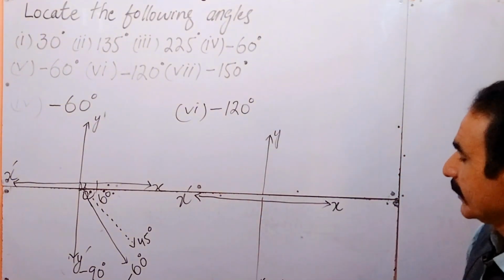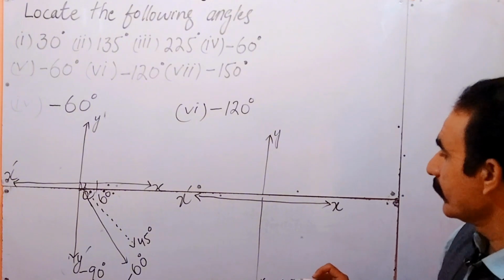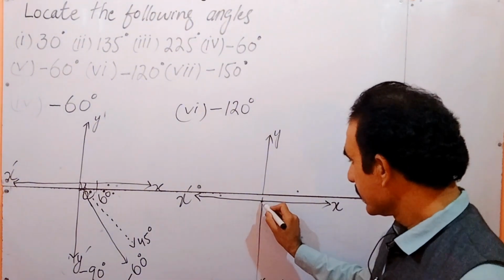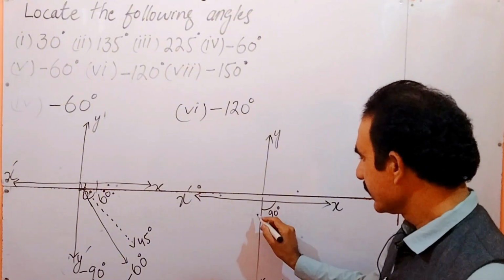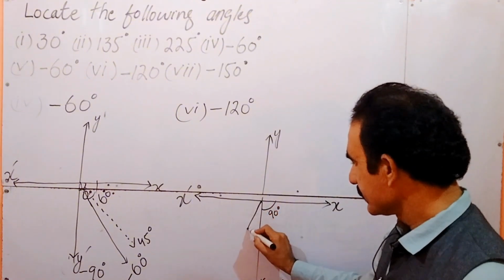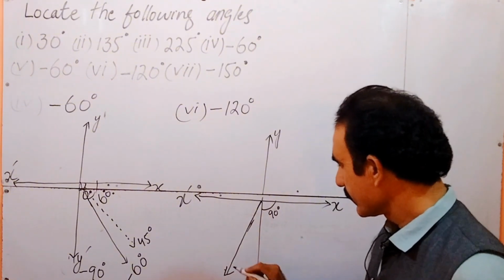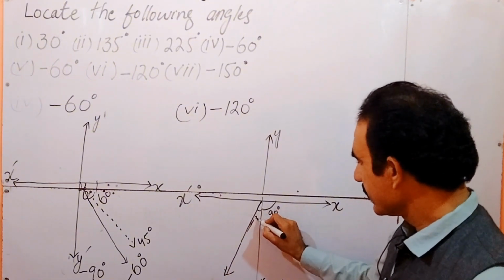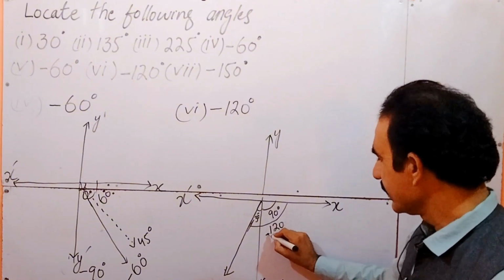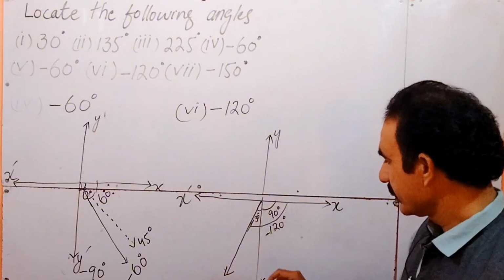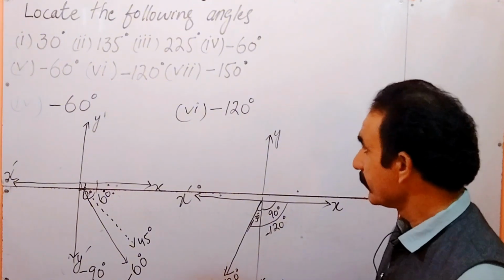We need here 120. If we add 30, it becomes 120 angle. That is 90 angle. If we add 30, it becomes angle of minus 120.